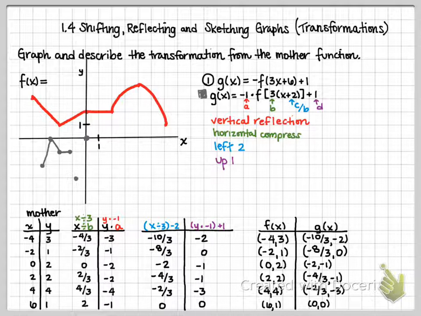Then this bump on the right-hand side, being vertically reflected, becomes a dip. So we get a nice curve to it. Normally I want to look and see if what I did actually makes sense. Vertically reflected, yep. Horizontally compressed, yeah, it does look like it's been squished together from right to left. And it's kind of hard to see the shift left and right, especially if there is a reflection involved. So there's our first one.